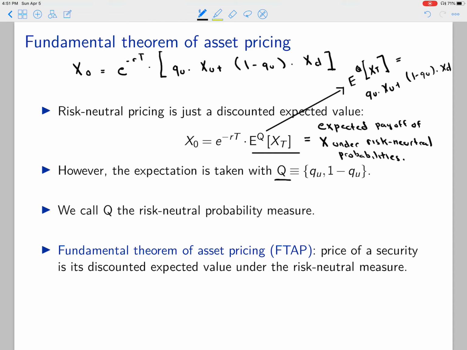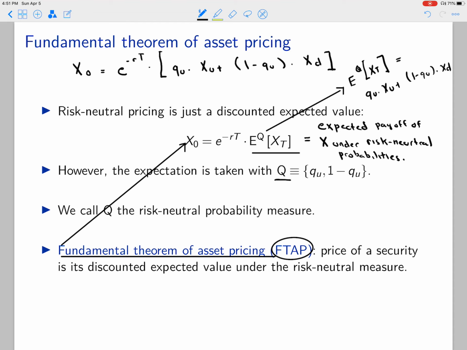Importantly, this result that the price of the derivative was equal to its discounted expected risk-neutral payoff is not specific to the binomial model. It's actually completely general and applies to a whole class of models. This main equation right here is known as the fundamental theorem of asset pricing, or the FTAP for short.